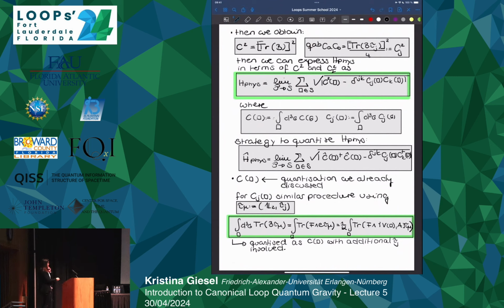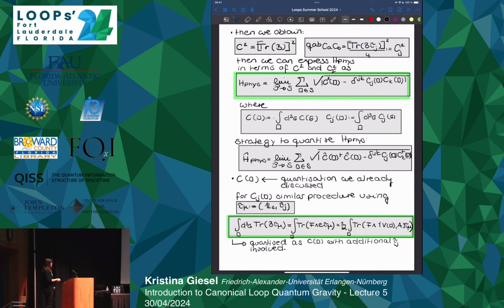So if we define a tau mu, which in the zeroth component is just the identity, and in the spatial components is equal to the tau j's, then we can use this expression in a unified manner and just consider the trace of B times tau mu. If we choose mu equal to 0, we are in the case of C squared. And if we choose mu equal to j, we are in the second case.